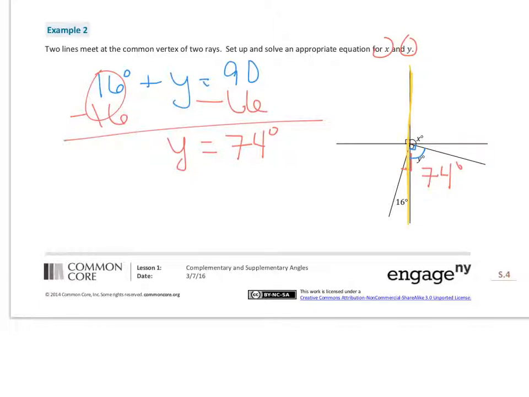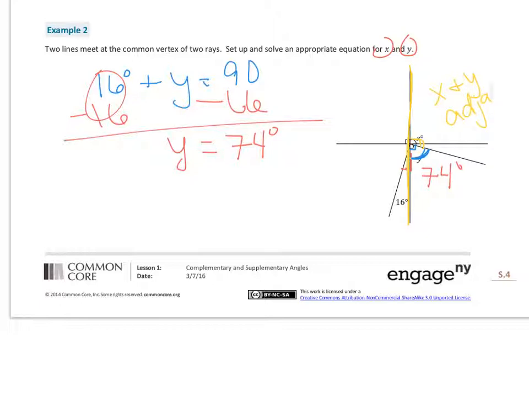See that? So I'm highlighting that because I know it's a straight line, and a straight line is 180. So Y, the 74 degrees, is an acute angle here, but that X, that's an obtuse angle going from that yellow line that I drew to my Y. So X and Y are adjacent.